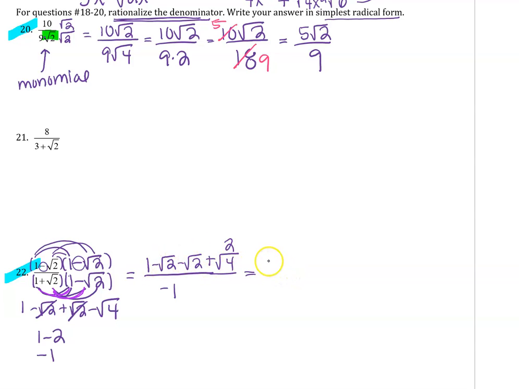So 1 plus 2 is 3. And then you have 2 negative radical 2's. So minus 2 radical 2, all over negative 1. And then I actually can divide these further. All I did was divide each of these by negative 1. 3 divided by negative 1 is negative 3. Negative 2 divided by negative 1 is positive 2. And that's how that came about. And that would be our final answer.